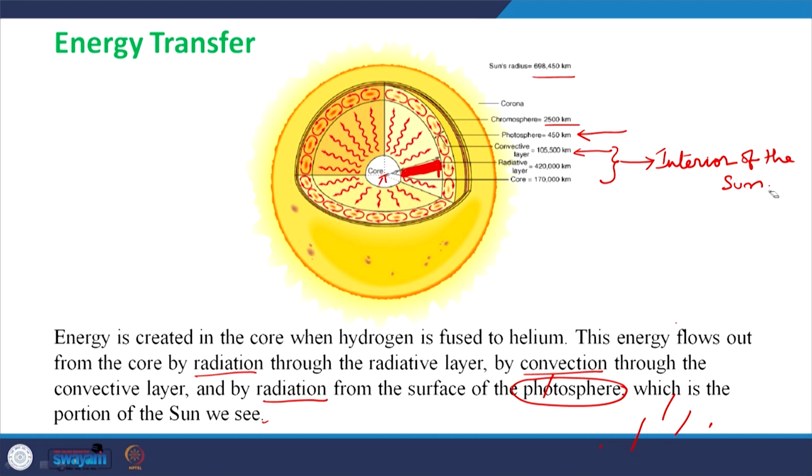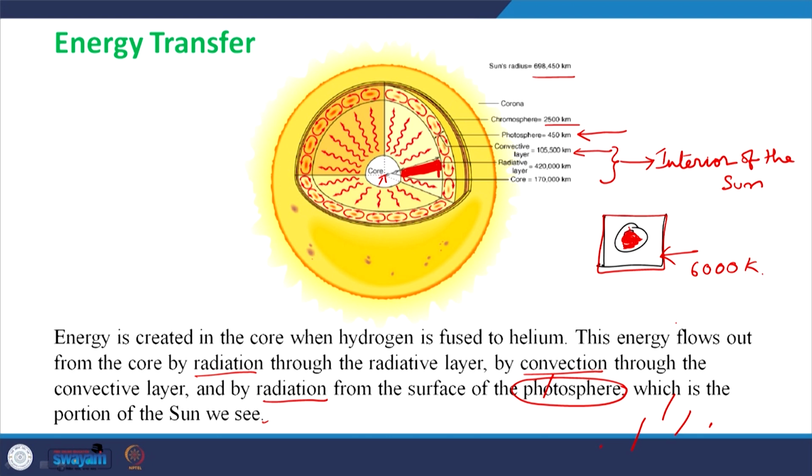Now, one important point that I would like to make here is that you have a heat source inside a system, let us say. It is not an adiabatic system. Let us say you have a heat source where the heat is generated here. Now, the edges of this system are heated to 6,000 Kelvin.